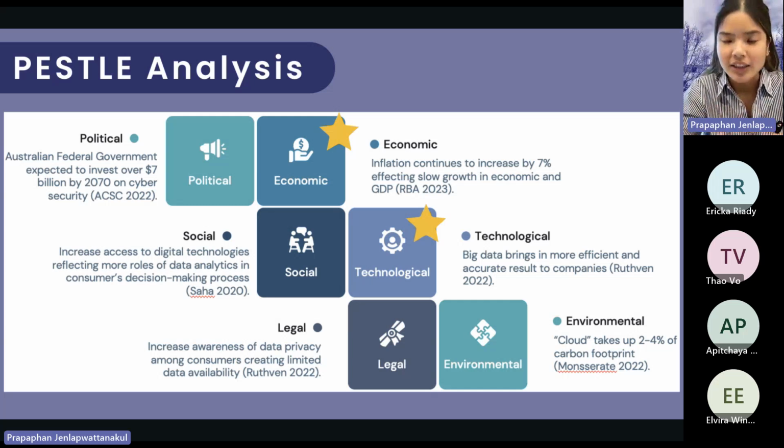And in the technology factor, with digital transformation, consumers are becoming more engaged with data, and companies are also relying more on data as they want to get the most accurate answers.